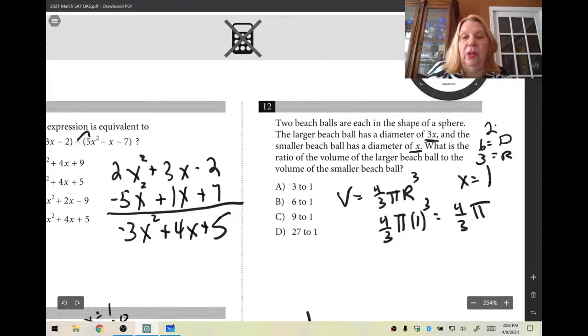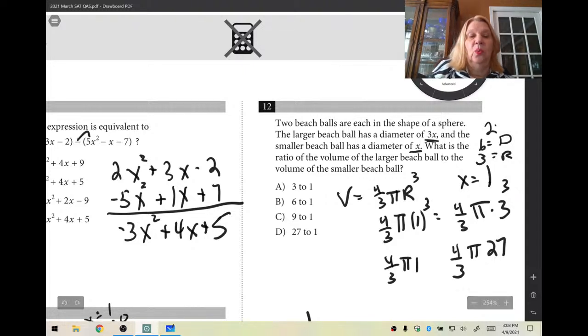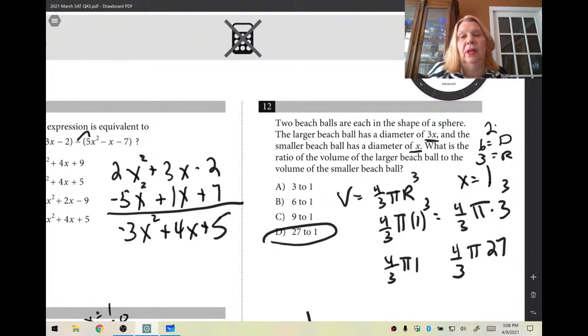And so if we put in 3 here, we can see it's going to be 27 times as big as the first one. And so that answer will be 27 to 1. Good use of pick the numbers there.